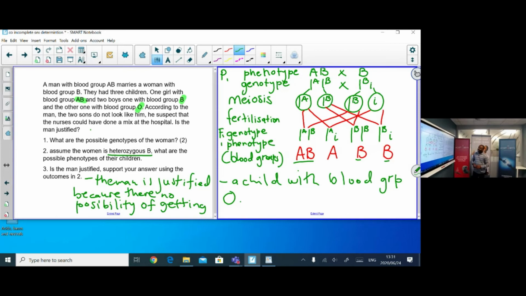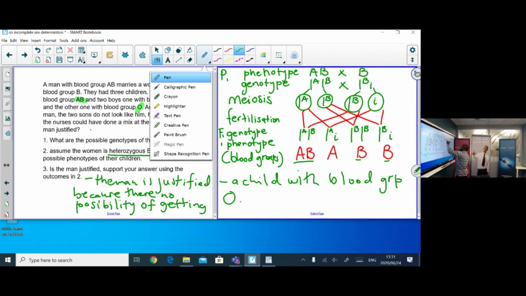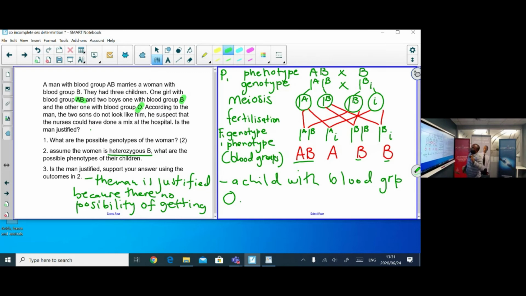All right, that's about blood groups. I'll give you another question to work out. In typical exam questions, what they normally do is give you a diagram. They might not use the genotype.